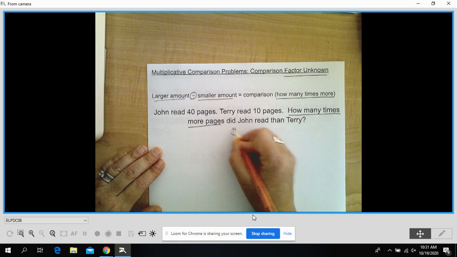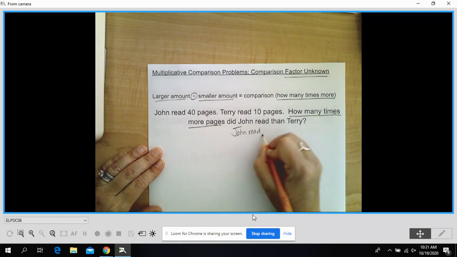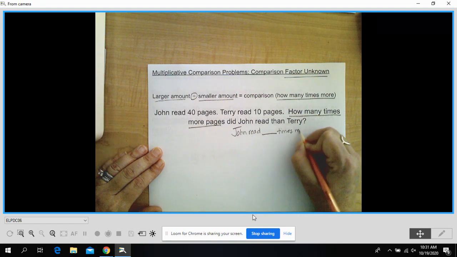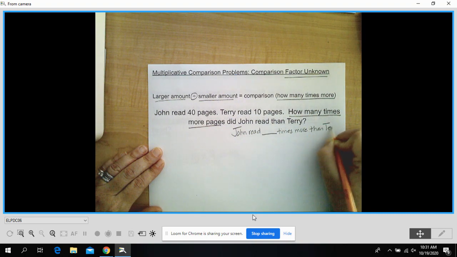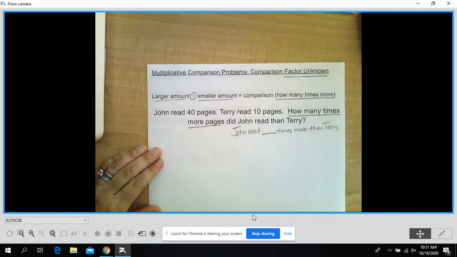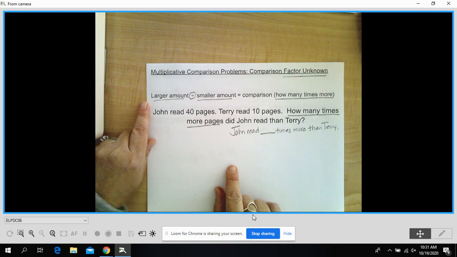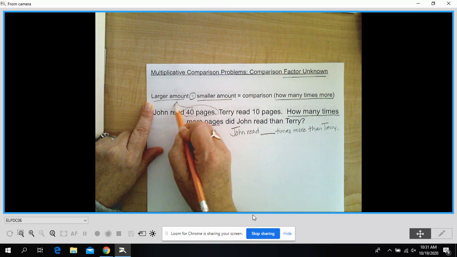So John read blank times more than Terry. So again, we have those same numbers and let's plug them into what we have here. John read 40 pages. That's my larger amount.